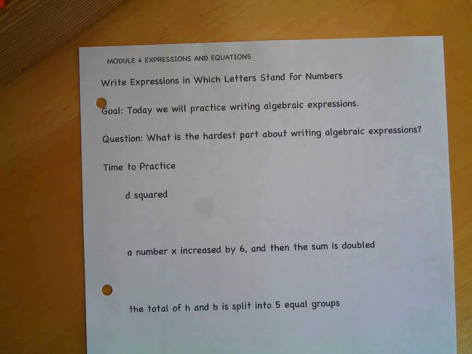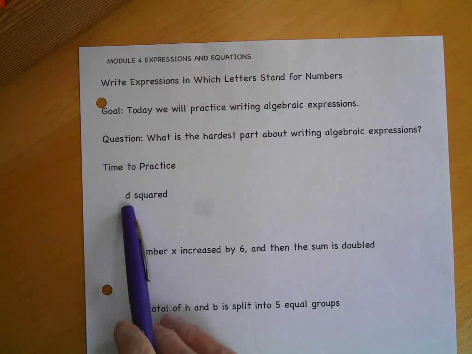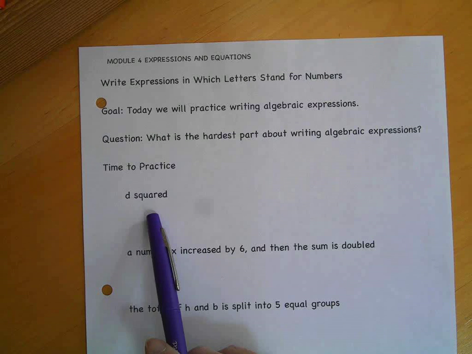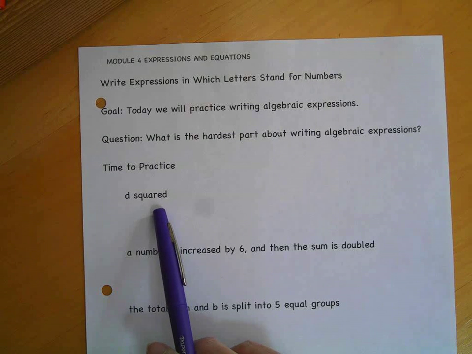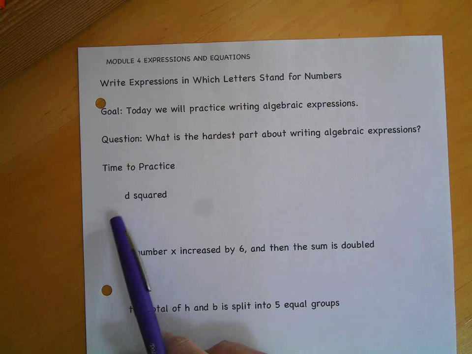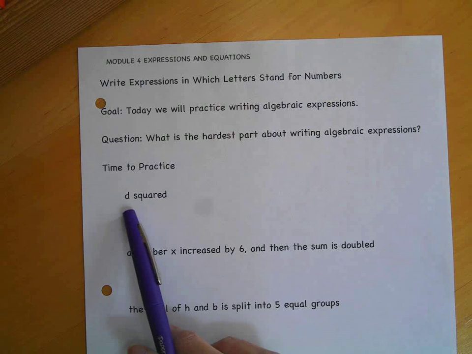variables. So if we take a look at the first one, it says d squared. So in this one, these are words written. We know what squared means. We know that squared means that you're using an exponent, and the exponent has to be 2. And we don't know the number value, so they're incorporating the use of the variable d.